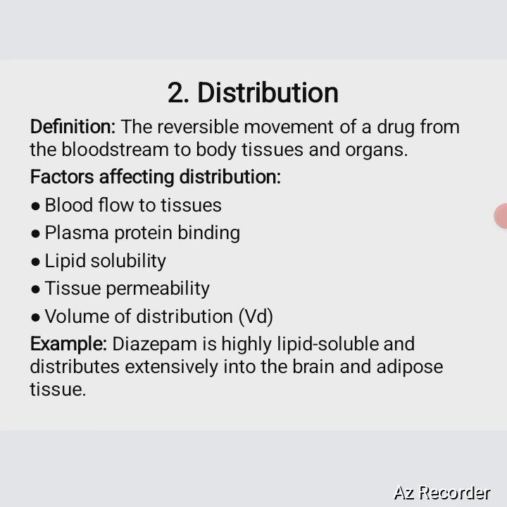The first one, blood flow to the tissue, plasma protein binding, lipid solubility, tissue permeability, and volume of distribution, that is called Vd. For example, diazepam is a highly lipid soluble drug and distributes extensively into the brain and adipose tissues.